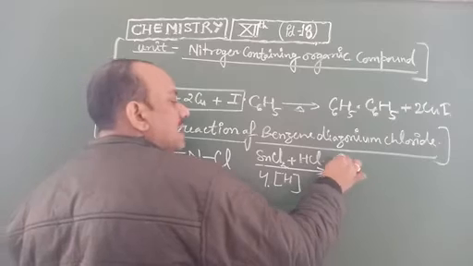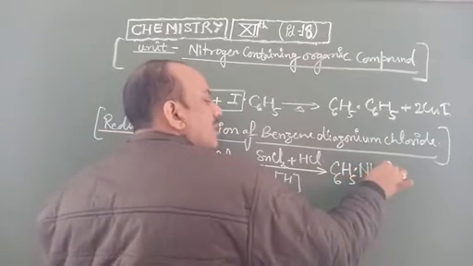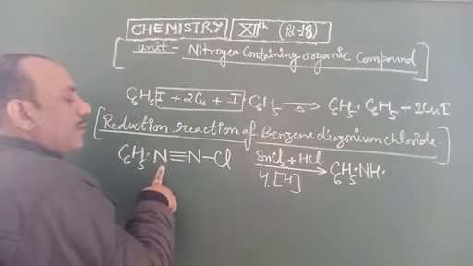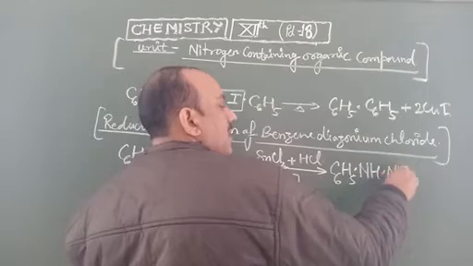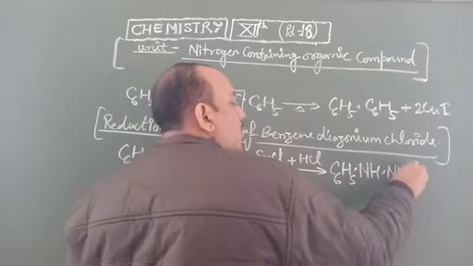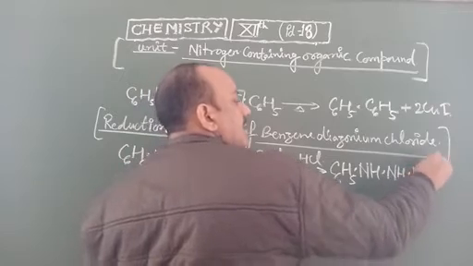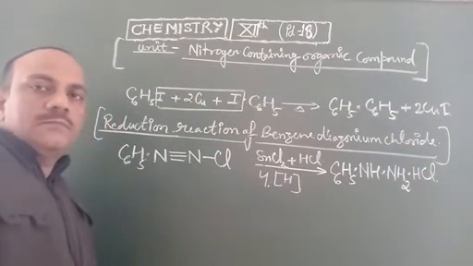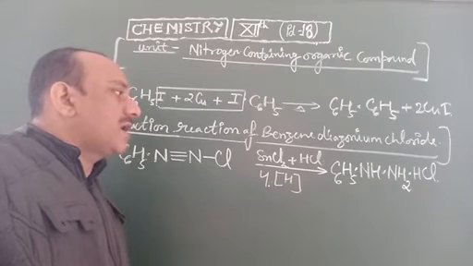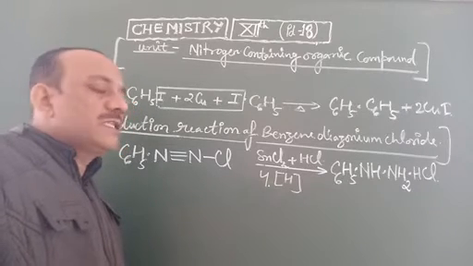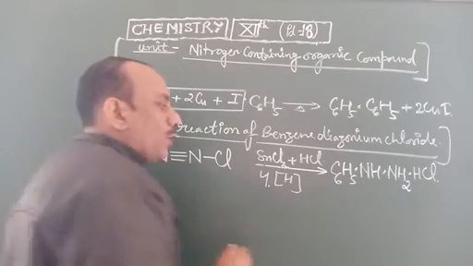The formula is C6H5NH, one hydrogen here and 2 with this nitrogen to form NH2, and 1 with Cl to form HCl.